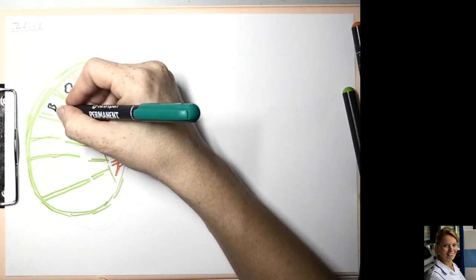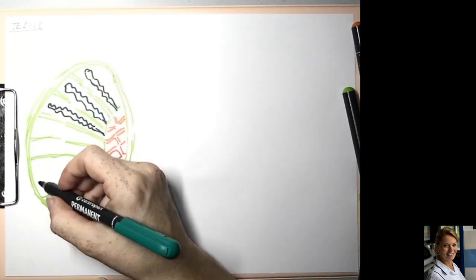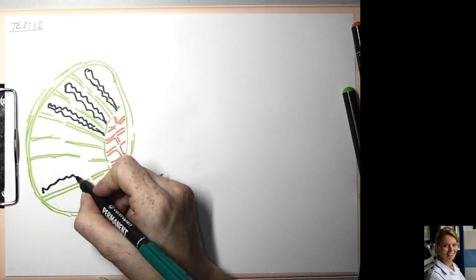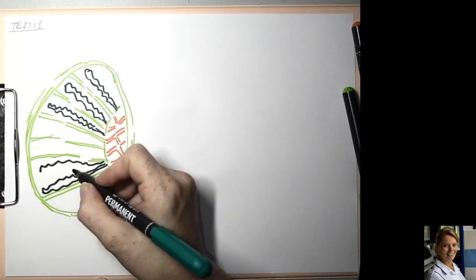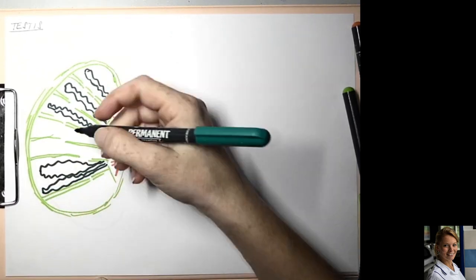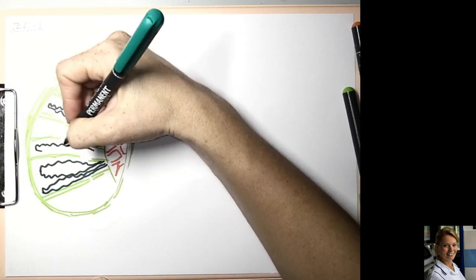So these are seminiferous tubules in the lobuli of the testis.